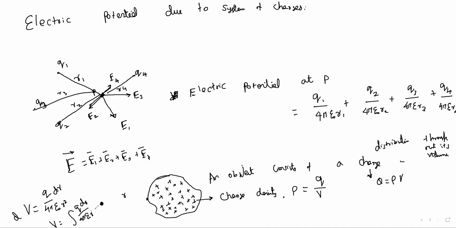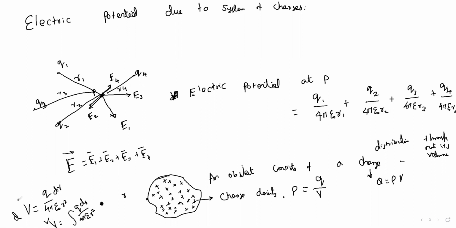So the total electric potential can be found only by doing the proper integration. In that case, you have to know the relationship between the charge and the distance, or the density and charge, or the charge and volume. Any kind of relationship you have to know. From that only you can find the electric potential. Is that clear?